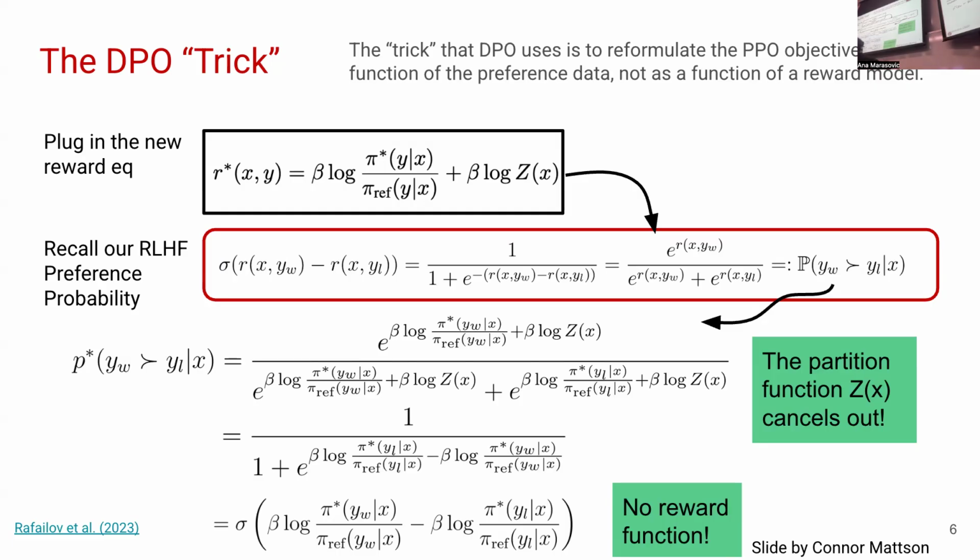Times beta log of C of x, and here I'll just write winning, winning, losing, losing to keep track of that.